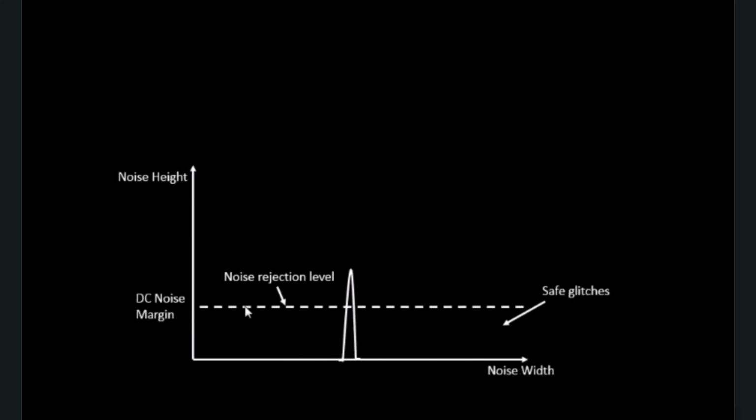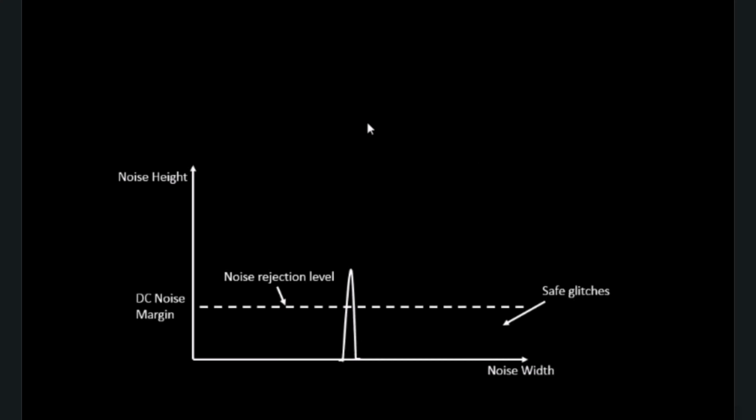So basically this was the DC noise margin, which said that any glitch whose voltage is below this DC noise margin is called a safe glitch, and any glitch whose voltage level is more than the DC noise margin is an unsafe glitch.